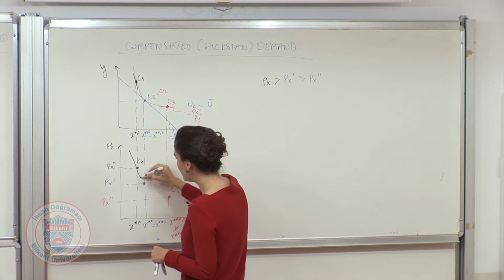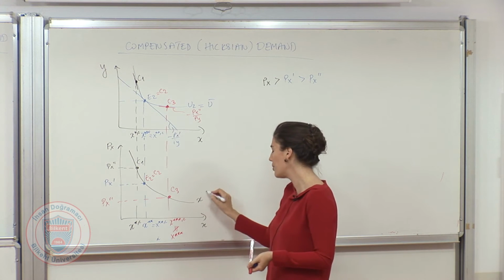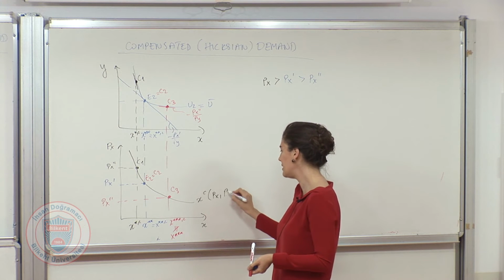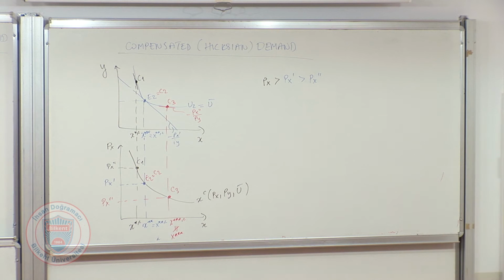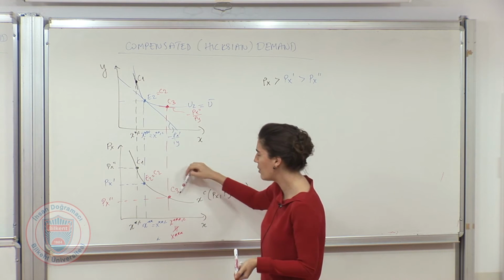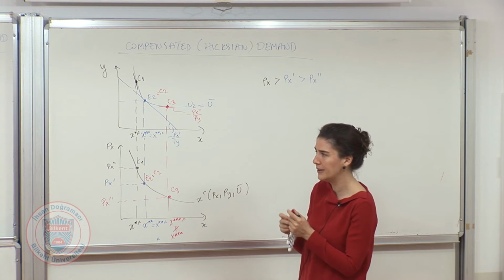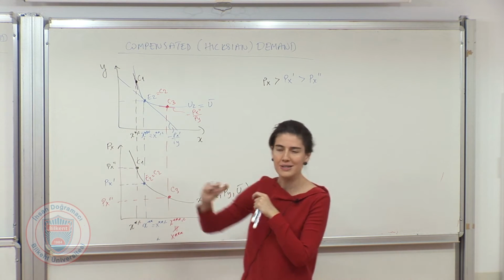When I connect all these points, if I keep doing this exercise, I'm going to get what we call the compensated demand curve. On this, we keep the utility level the same, but what is changing? If I move from C1 to C3, the nominal income changes, utility stays the same.